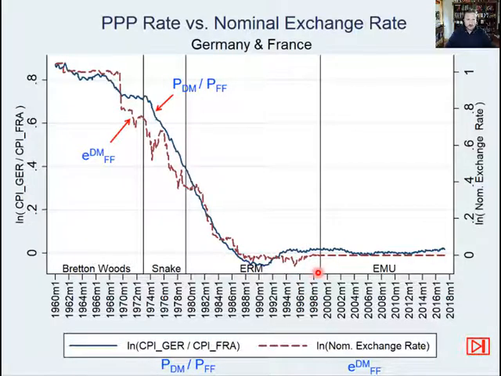Since the beginning of the European Monetary Union in the year 1999, the nominal exchange rate between France and Germany has been fixed to a level of 1, since we use the euro as a common currency.